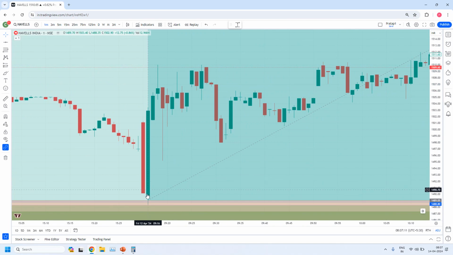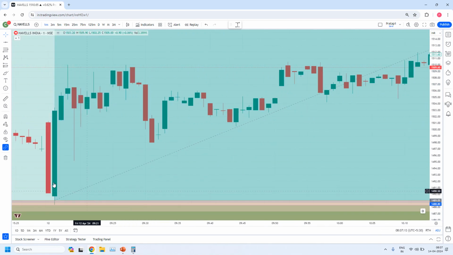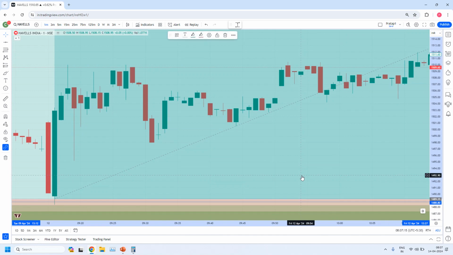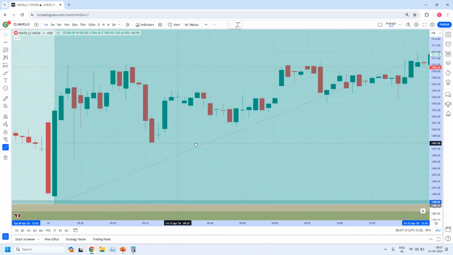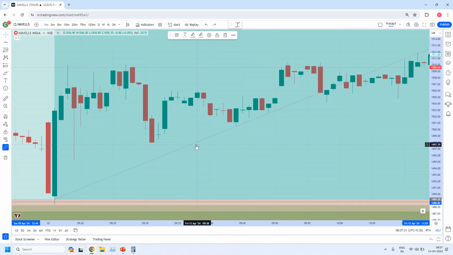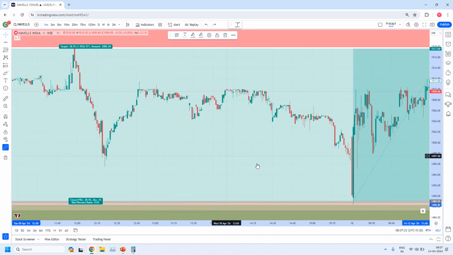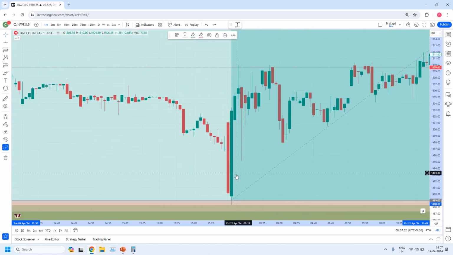So this is the 9:16 candle. So definitely you would have planned your trade. Why am I saying definitely you would have planned your trade? Because this is not a 9:15 candle. After that, on the next candle, prices entered into the blue color area you have drawn, and went below this.